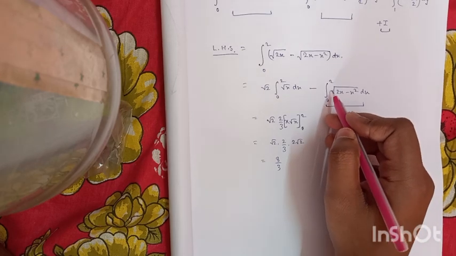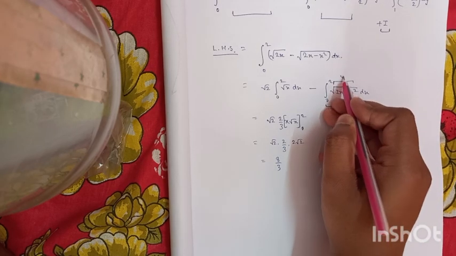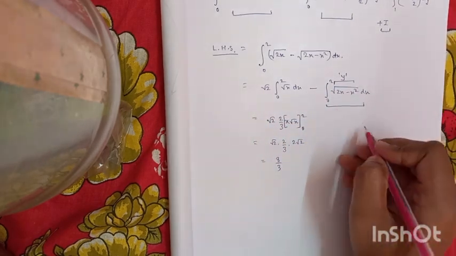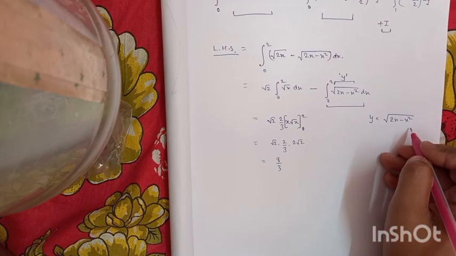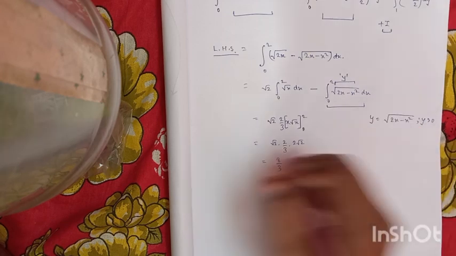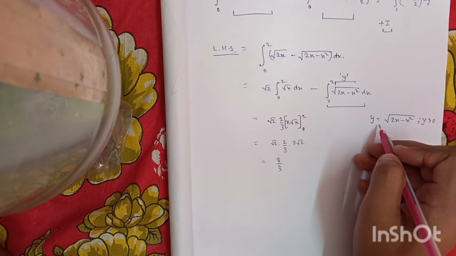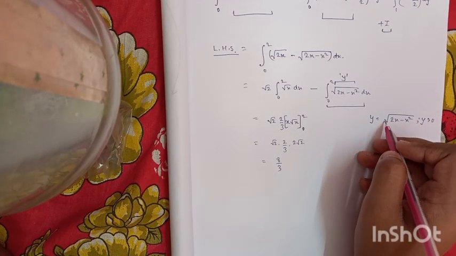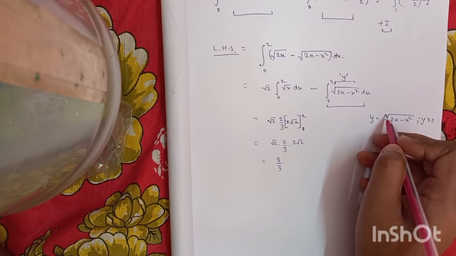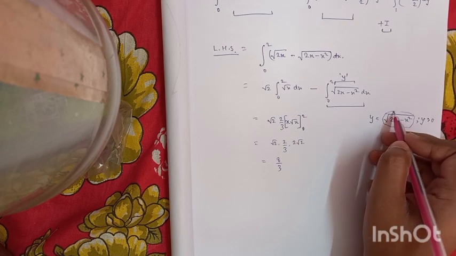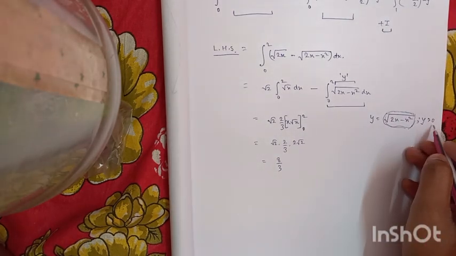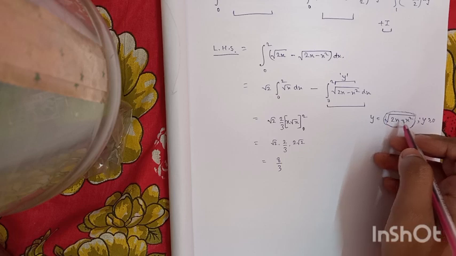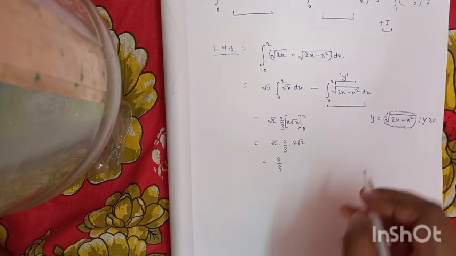So if we assume this function as y, so y is root over 2x minus x square, and y is positive because if we take under root of a positive thing, then the output is always positive. So y is always positive, or can be equal to 0 if x equals 2 or x equals 0 in this case.